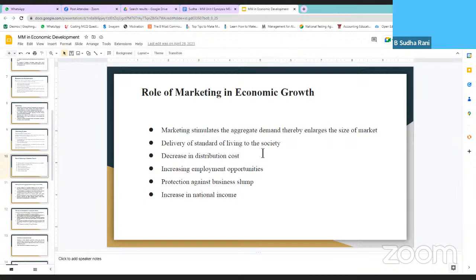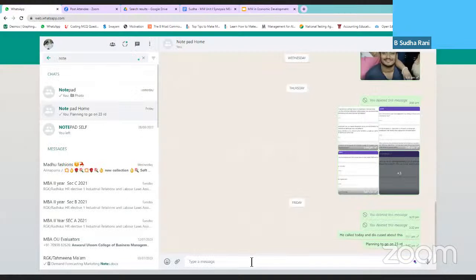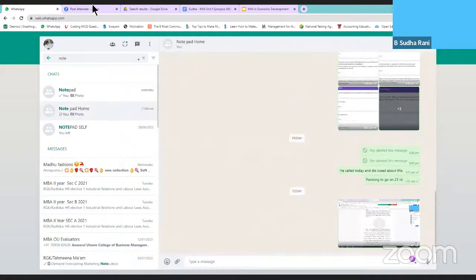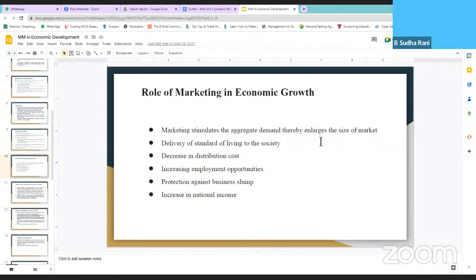Next, raising the standard of living of the society. If you see the products and the way of living earlier and the present way of living, it has changed. How?